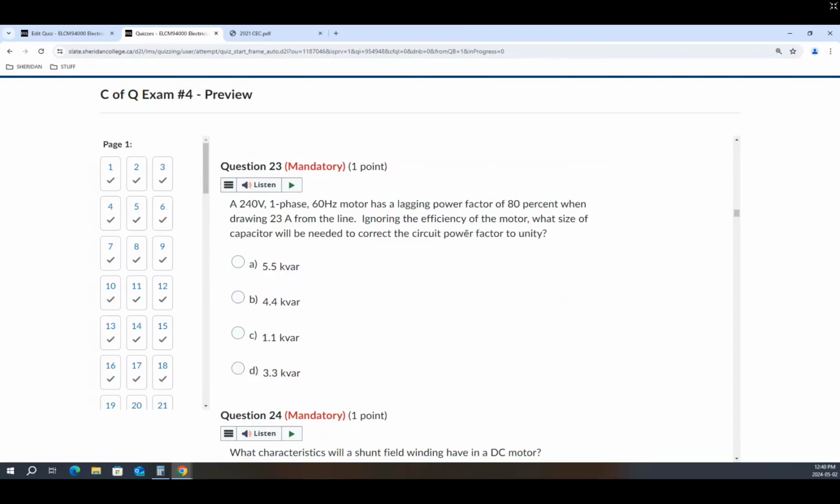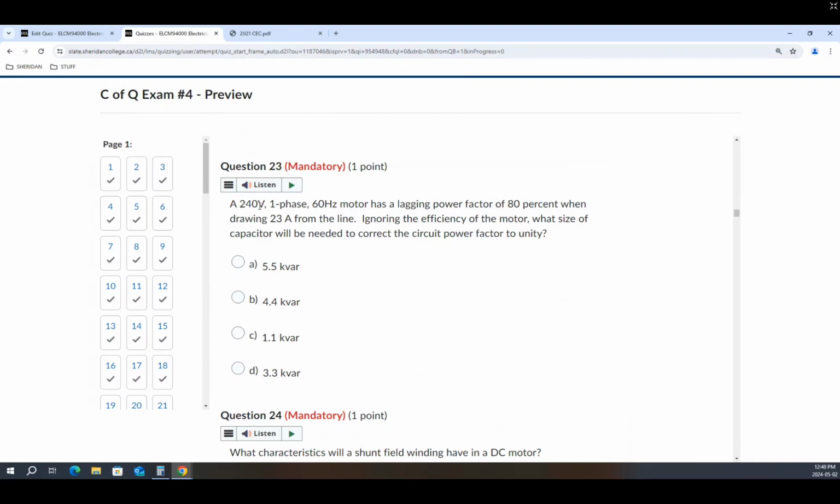So I need to be able to figure out what size of capacitor.